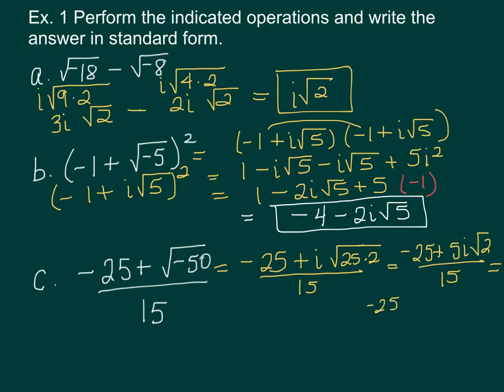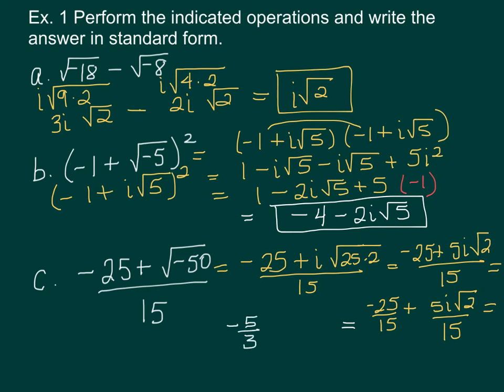negative 25 over 15 plus 5i radical 2 over 15. And then from here, I'm just going to reduce it. So in the first fraction, that reduces to negative 5 over 3.